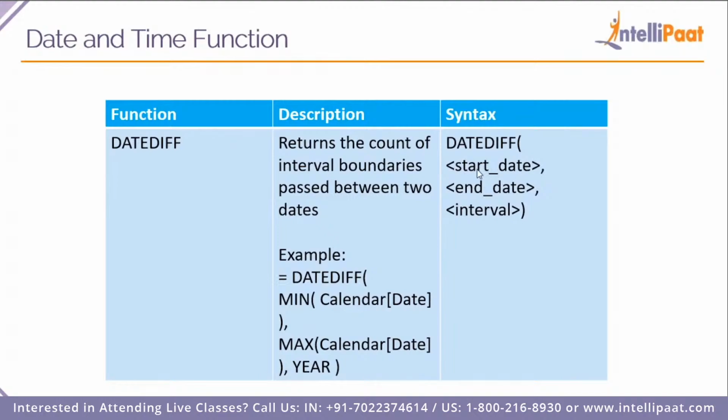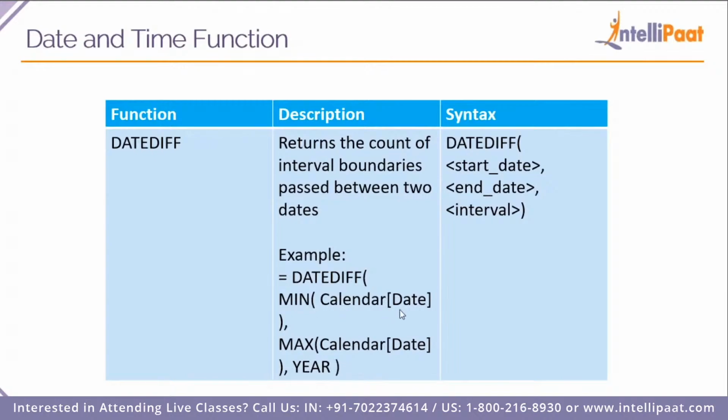So first you have to give the start date, then the end date, then the interval you have to specify. So it is going to calculate, suppose in the example we have specified year, and these two are going to be some date thing. So this is going to calculate the difference between these two dates based on the year.